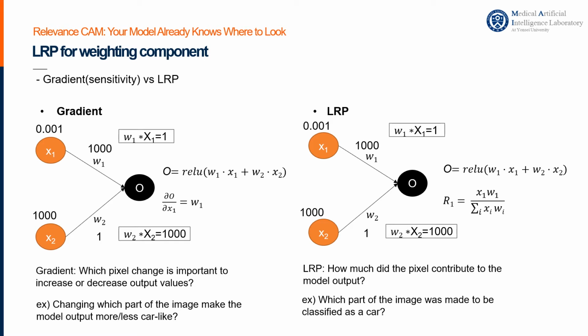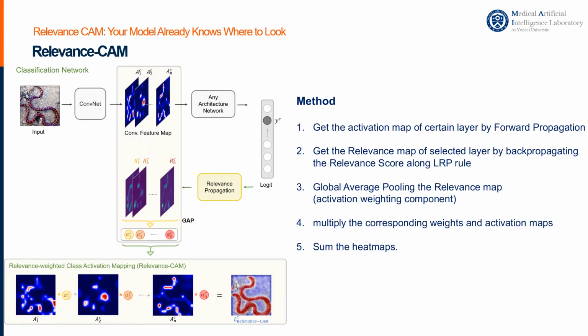On the other hand, LRP asks how much did the pixel contribute to the model output. In my opinion, CAM methods should explain what happened to the model rather than what will happen with some changes. Therefore, we choose to use LRP as the weighting component.